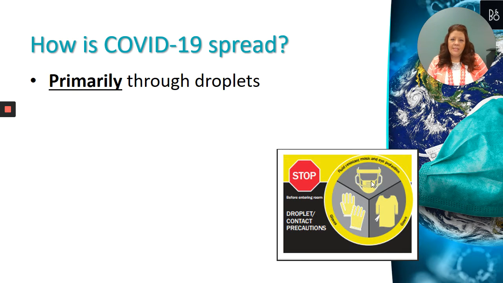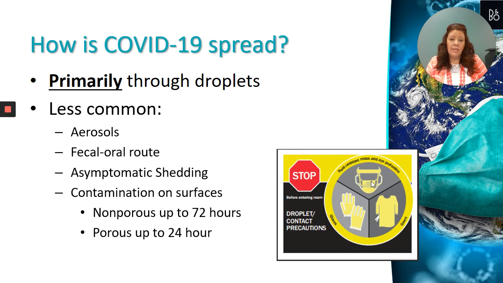So how is COVID-19 spread? Well, primarily it's spread through droplets. Droplets are those larger particles that happen when you cough or sneeze, and they have the virus in them. It is less commonly transmitted through aerosols, which are much smaller particles that could potentially stay suspended in the air.